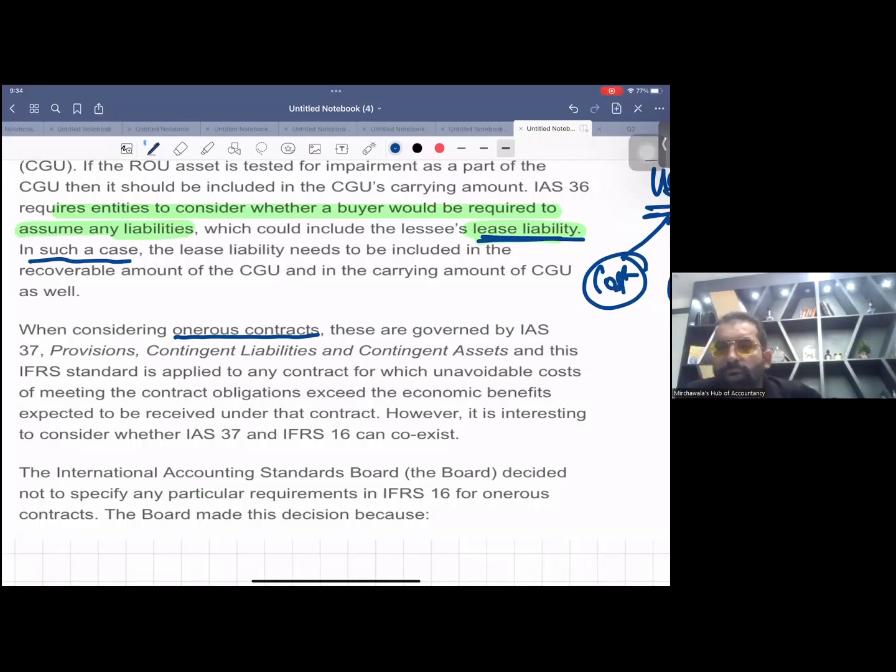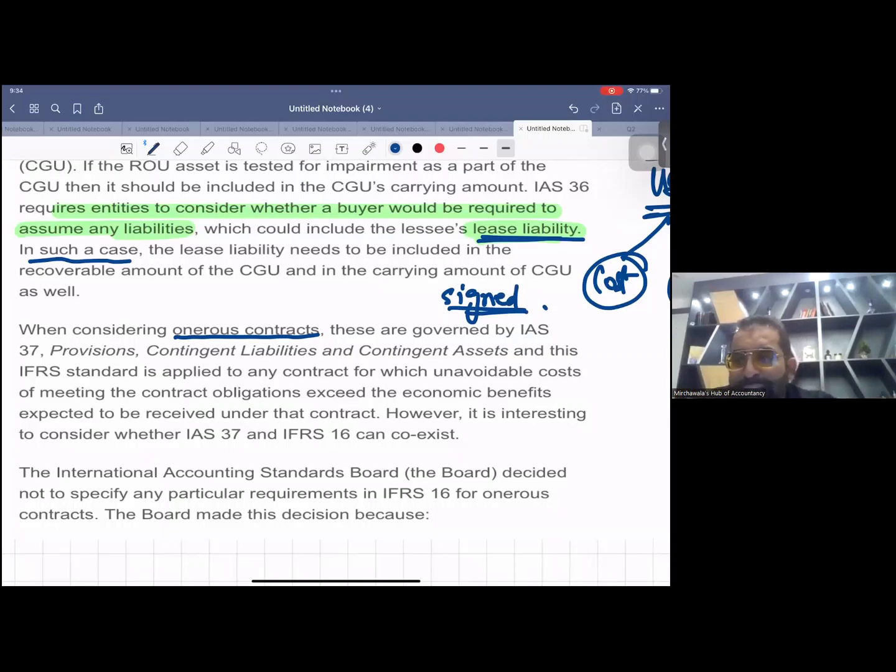Look at here. What is an onerous contract? An onerous contract is a contract that is signed, and now you came to know that the future economic benefit from this contract is less, but the unavoidable cost is higher.